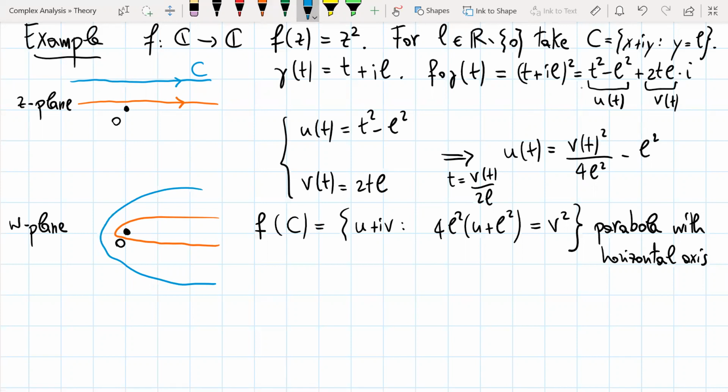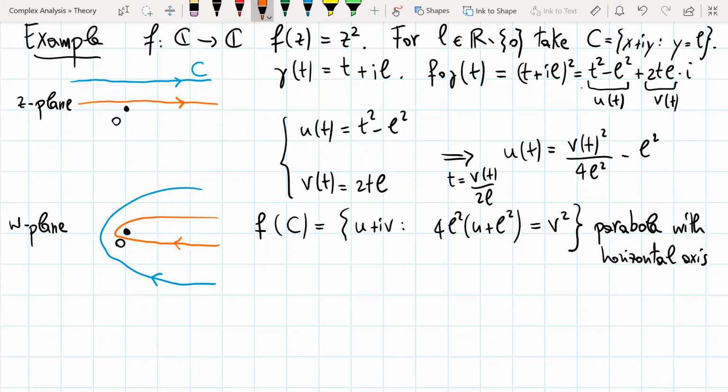Then in the w plane, what happens when t is negative? In the above case L is positive, so v is also negative. So in the below, we are going also in this direction. Okay, so this is what happens to the curves parallel to the x-axis.